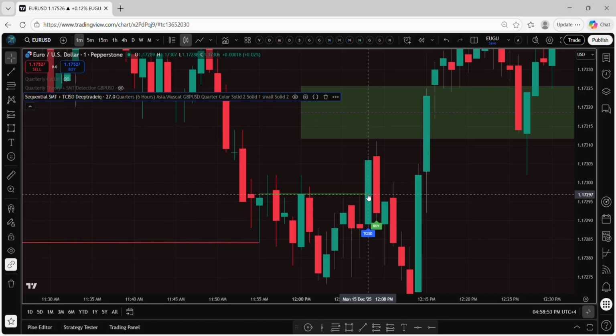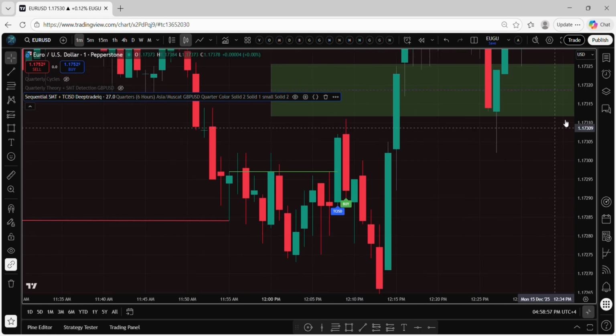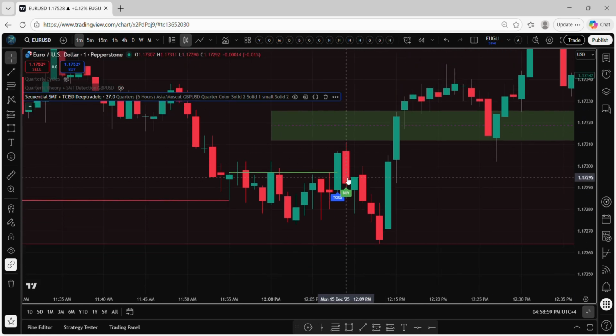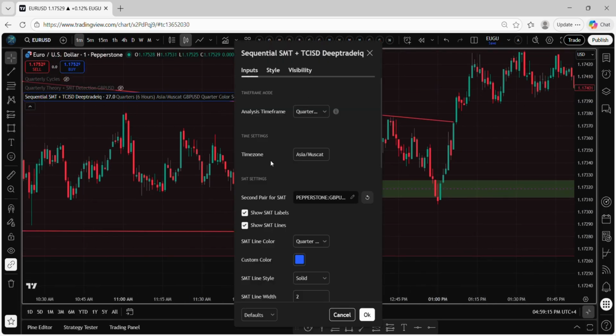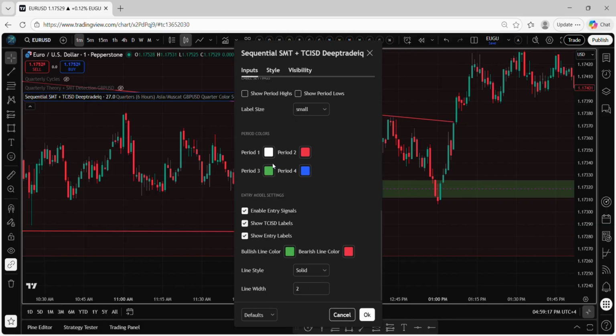So when the market closes above this level, it will show true change in state of delivery here. And when the market retests this level, this line, you can see, then it will show buy. So the actual buy is here. This is our level for entry. So I think this one is clear.